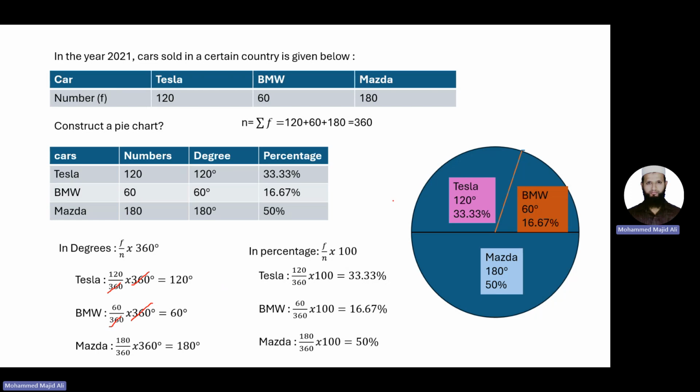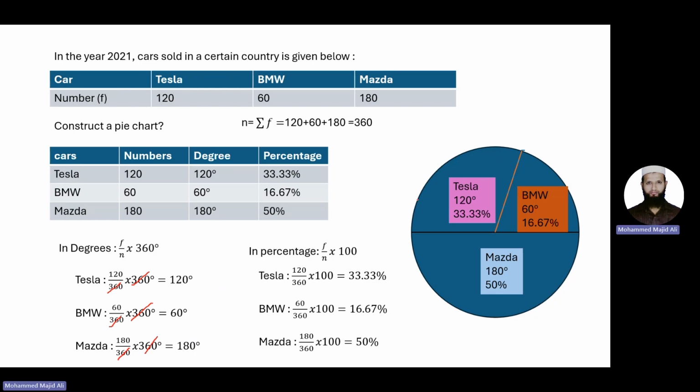For Mazda, sorry, frequency is 180. So 180 divided by 360 multiply 360. On simplification, we'll get 180 degrees. So these are represented in degrees.